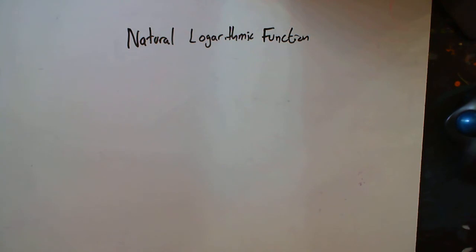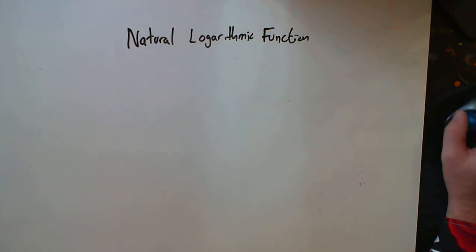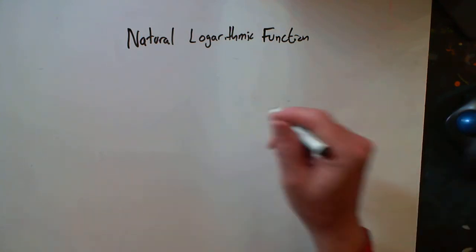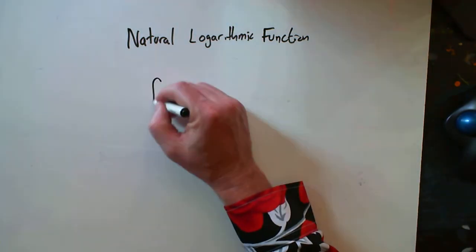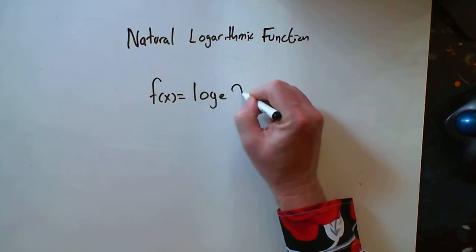In our last class, we encountered a new number that we referred to as e when we were working with special cases of exponential functions. e is called the natural number, and the natural number has what's called a natural logarithmic function to go along with it. f of x equals log base e of x.